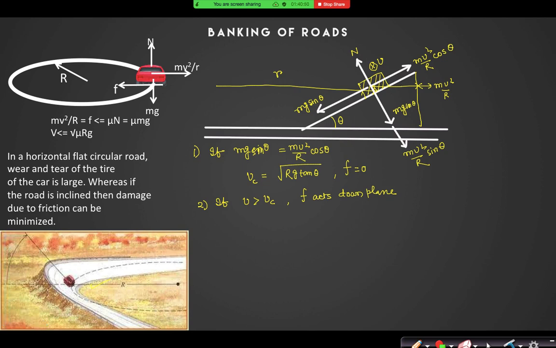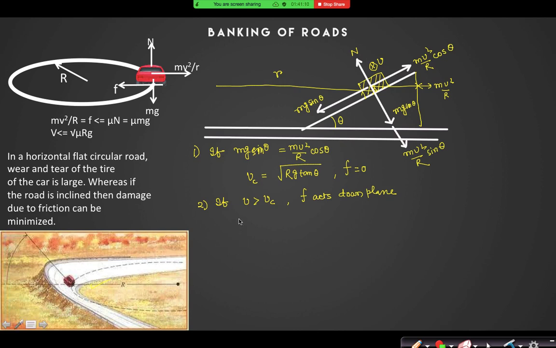If it has a larger magnitude than mg sin theta, then in which direction does the car have a tendency to slide? Upward direction. As soon as it has a tendency to slide upward, will friction come into play in that case? Yes, sir. In which direction? Opposite direction, so in the downward direction.